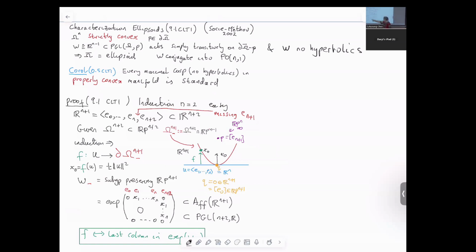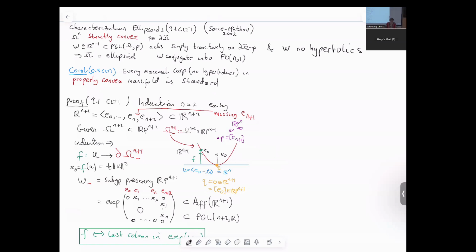So what it means to be standard is that if you think about the Lie algebra of this group, this is the Lie algebra, and you exponentiate that, you get the standard group of parabolics, and when you take the orbit of the origin under that group, you get this paraboloid.